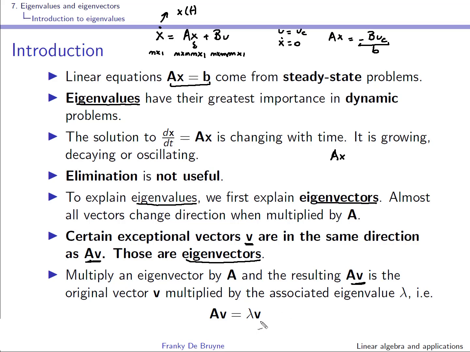So you have this thing over here, and obviously the product Av is in the same direction as v.